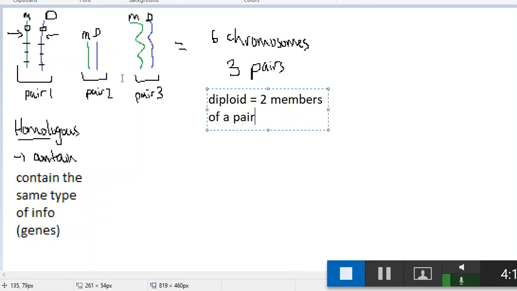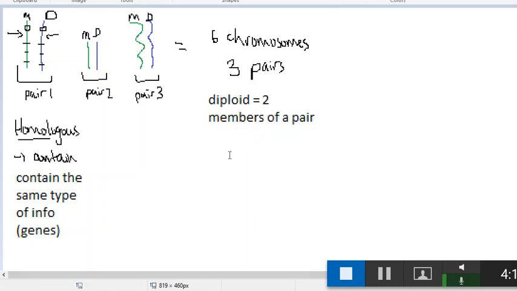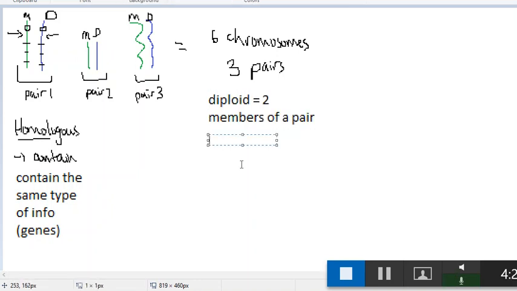The entire pair is present. And mathematically, we simplify this and we say that diploid is 2n, basically you have both chromosomes there, for a total of 6 chromosomes. So 2n equals 6 would describe this set of chromosomes for this organism.